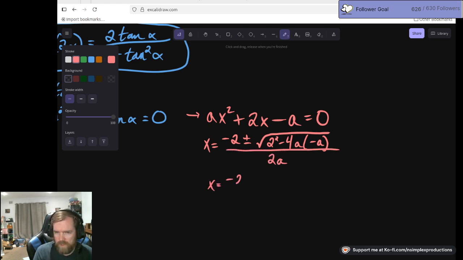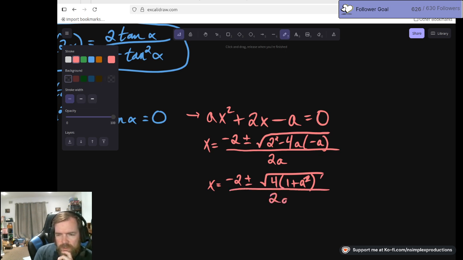X is equal to negative 2 plus or minus square root of 4 plus 4a squared, which can also be 4 times 1 plus a squared, all over 2a.